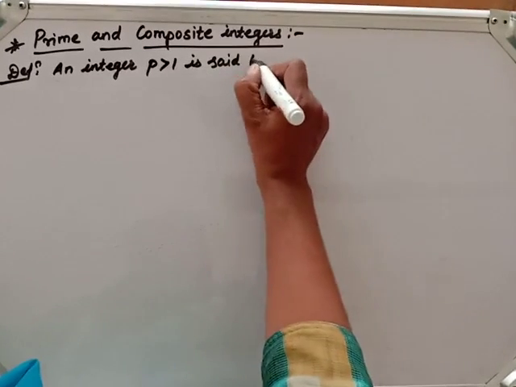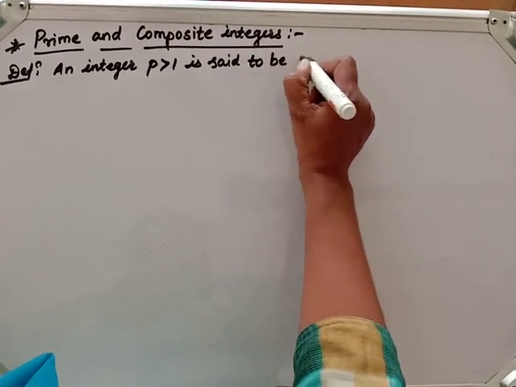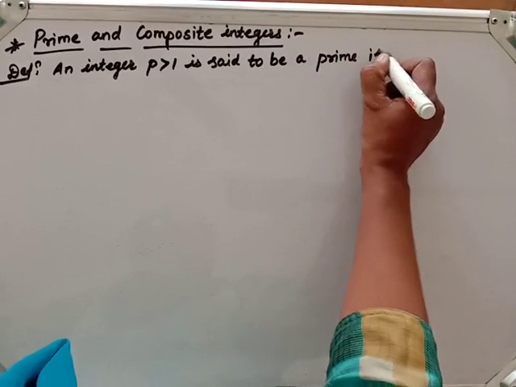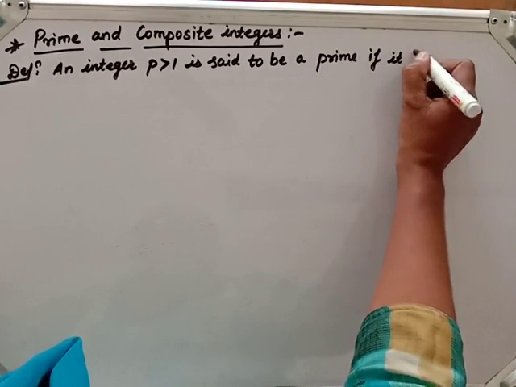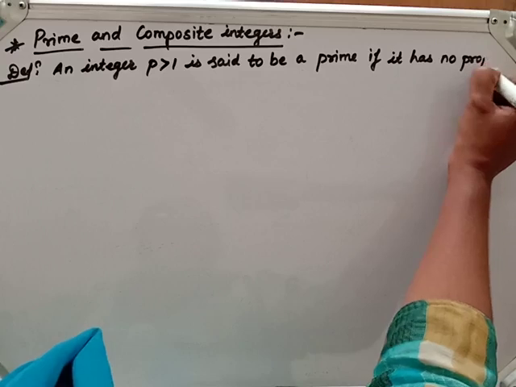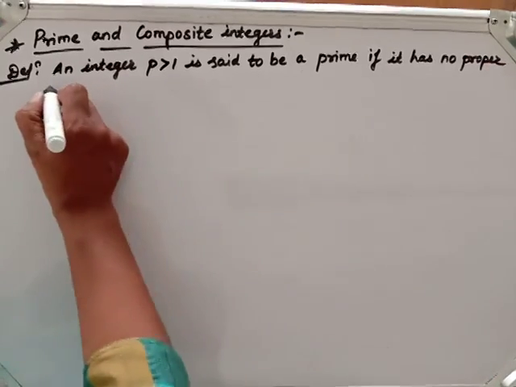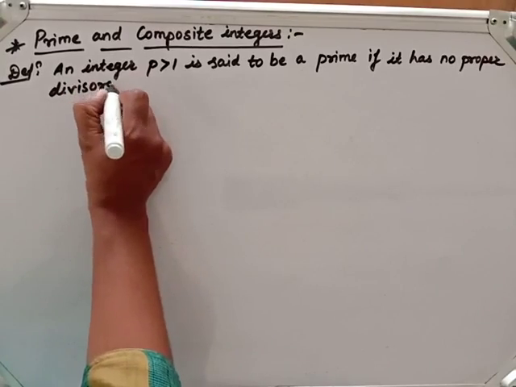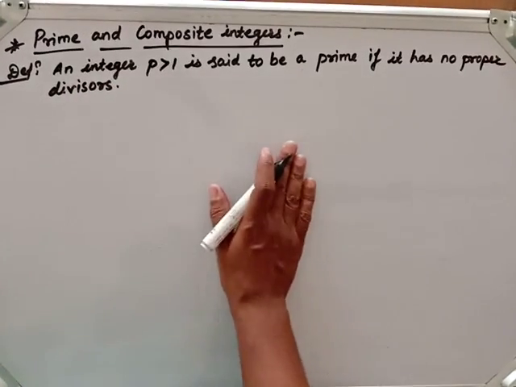It is said to be a prime if it has no proper divisors. If it doesn't have proper divisors, then it is known as a prime number.